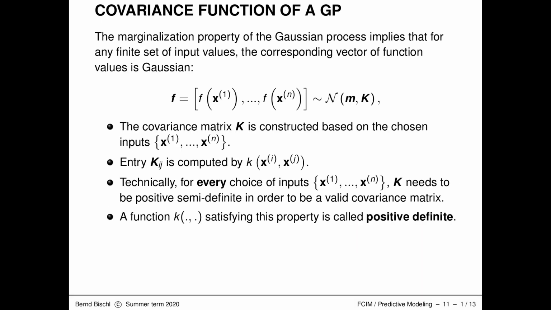So let's remember this super important marginalization property of a GP, and that this implies that for any finite set of input values, input measurement points, the corresponding vector of function values is a Gaussian.